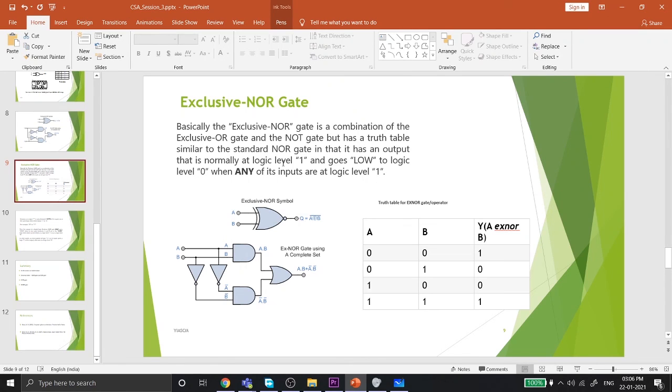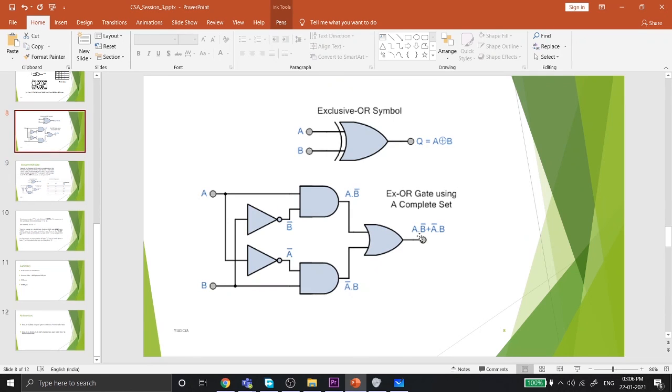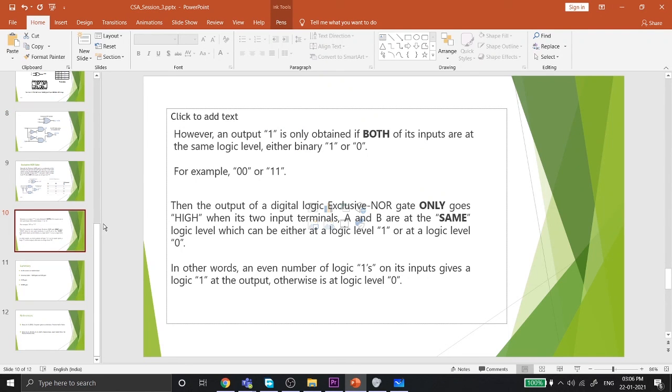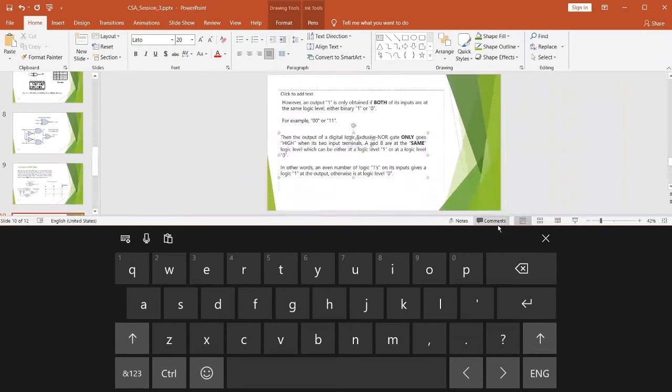You can just use a NOT gate in front of it and achieve the same thing. The exclusive NOR gate is the same thing. When both inputs are the same, the output is 1. When both inputs are different, the output is 0. That's it. And yeah, the output 1 is obtained if both inputs are at the same logic level. This is for the exclusive OR gate and this is for the exclusive NOR gate.